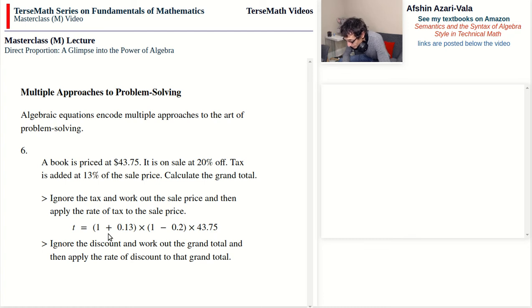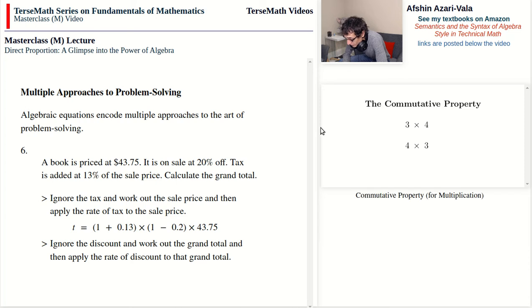But if you think about it, in multiplication there is this commutative property that says the order of multiplication doesn't matter. We can multiply 3 by 4 or 4 by 3 and we get the same value coming out. And therefore, multiplying 113% by 80% is the same as multiplying 80% by 113%.